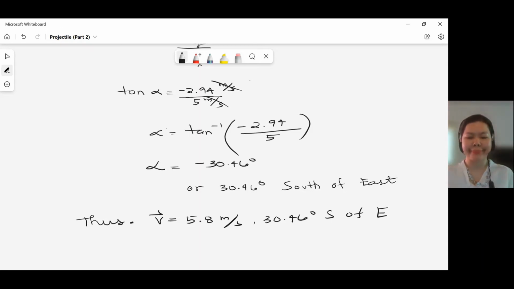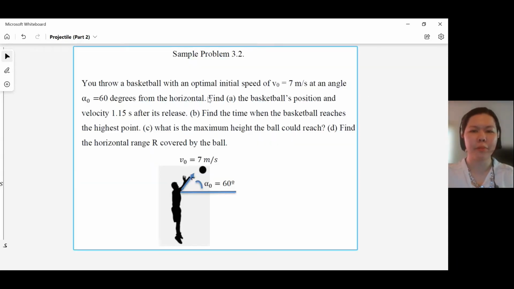Sample problem 3.2. You throw a basketball with an initial speed of V naught equals 7 meters per second at an angle alpha naught equals 60 degrees from the horizontal.